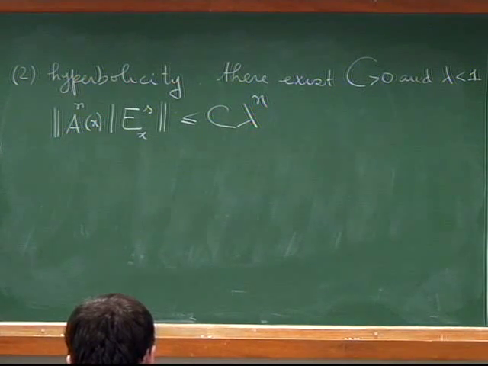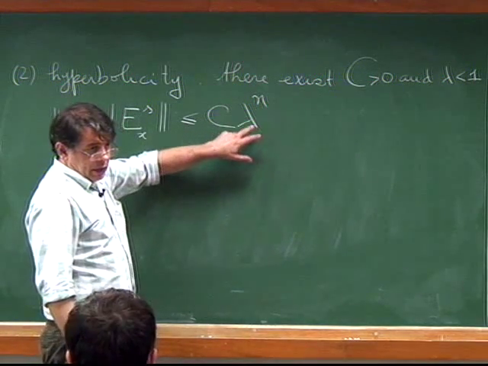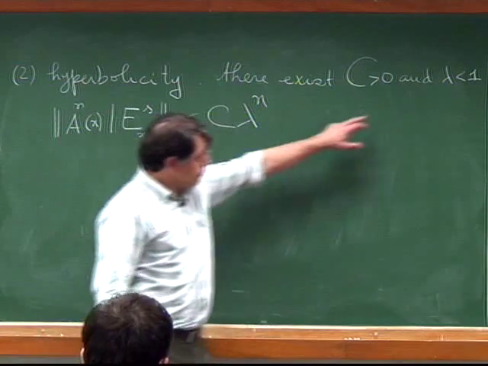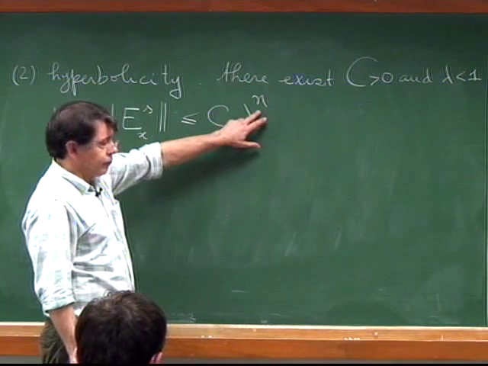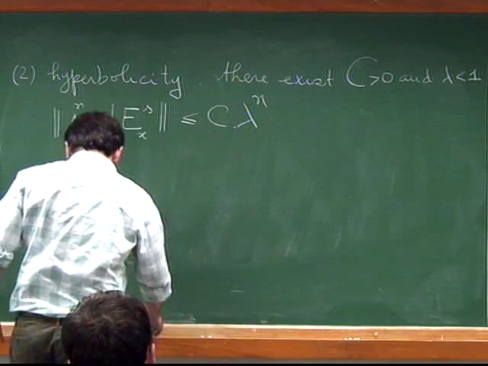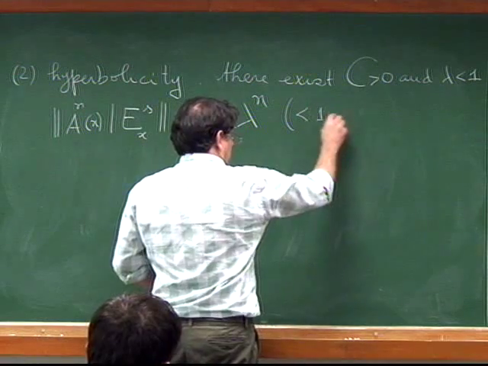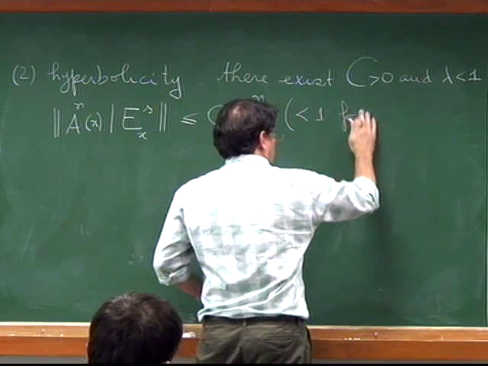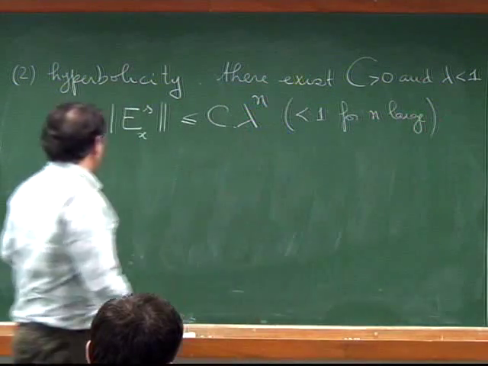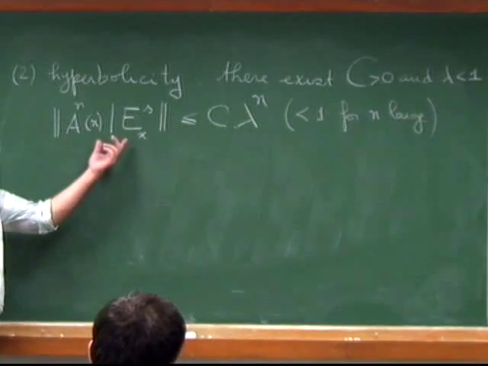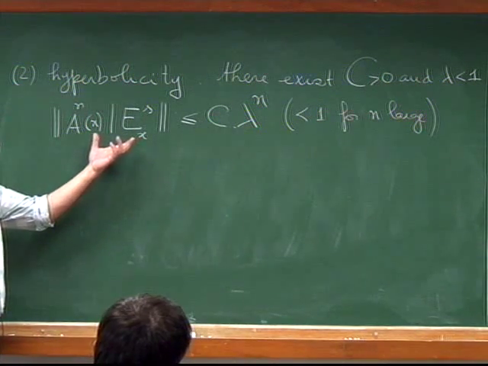So what does this mean? When n is large, lambda^n is very small because lambda is smaller than 1. So the product c times lambda^n is very small. So this norm is smaller than 1 for n large, which means that the matrix contracts all the vectors.